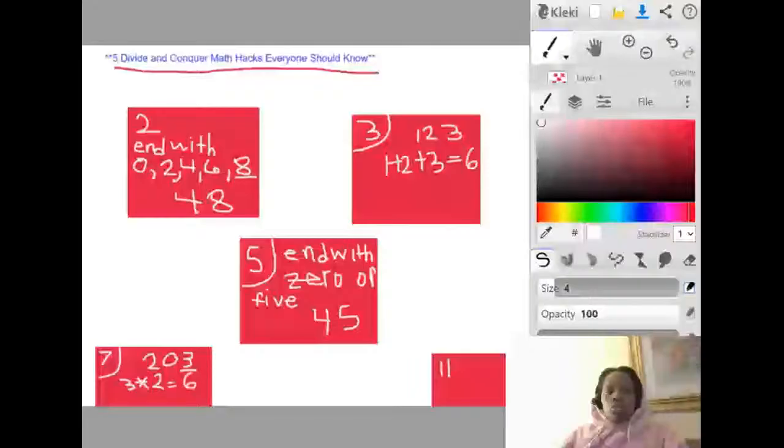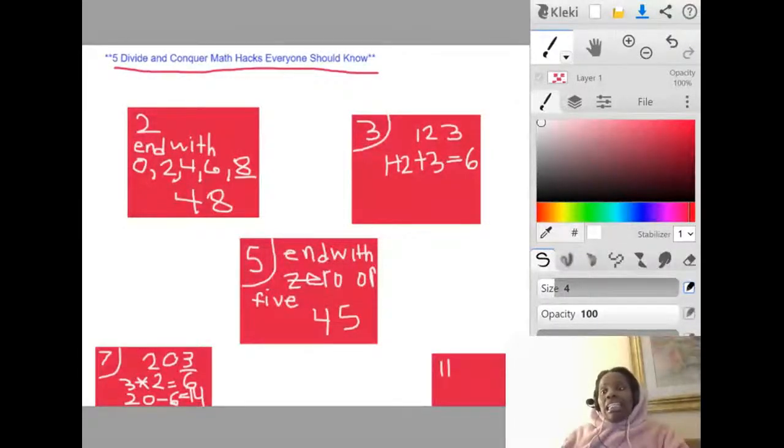And 20 minus 6 is 14. Since 14 is a multiple of 7, the number 203 is also a multiple of 7.